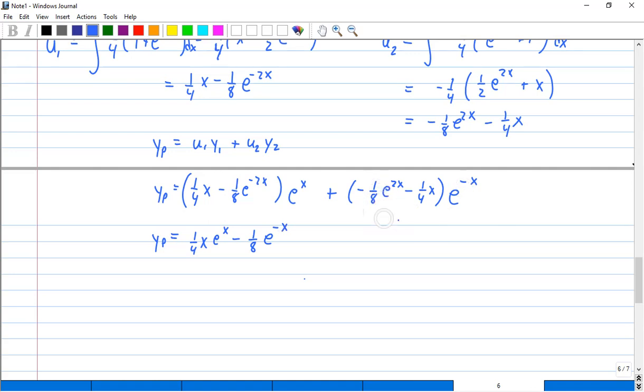Alright, and then multiply there. It's going to be minus 1/8 e to the positive x. Right? Because this one had a positive power. And then minus 1/4 x e to the negative x.